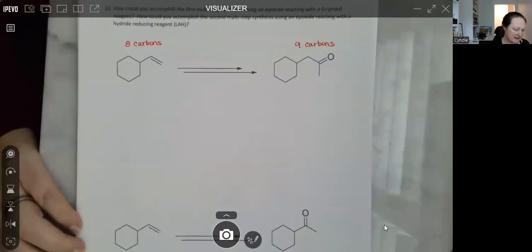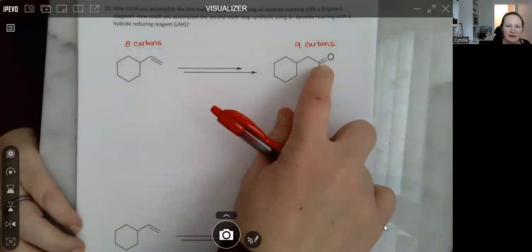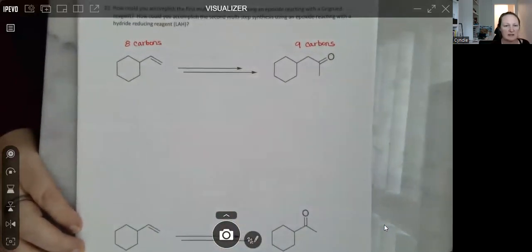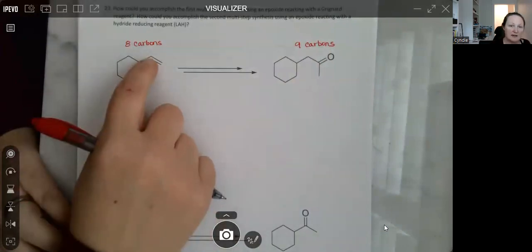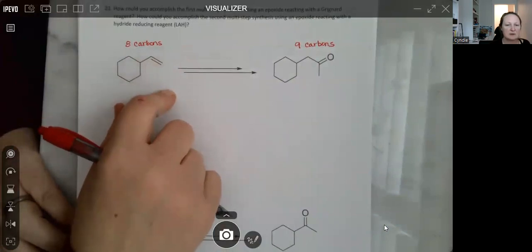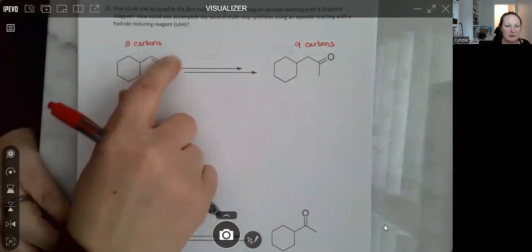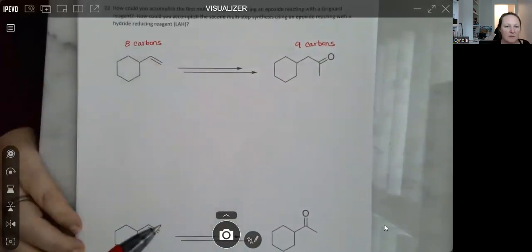So my thought is that if the alcohol was here, I would be able to oxidize that nicely to a ketone. So then I'm thinking, okay, how can I convert this to either an aldehyde or an alkyl halide, such that my alcohol will end up at this carbon.